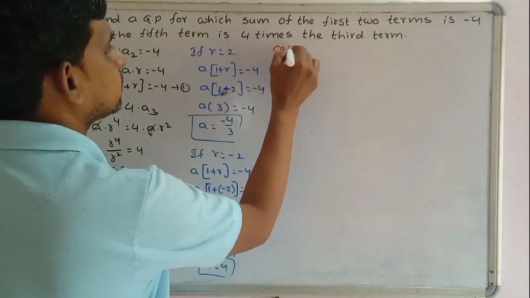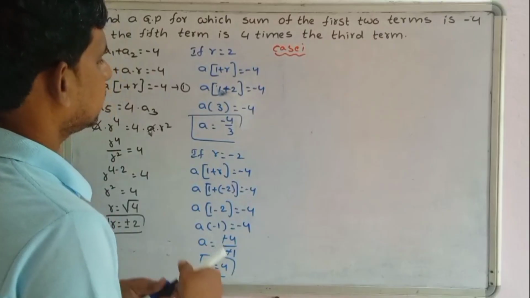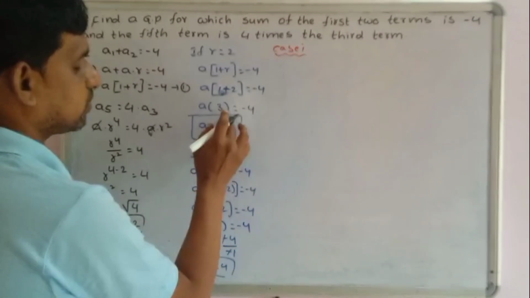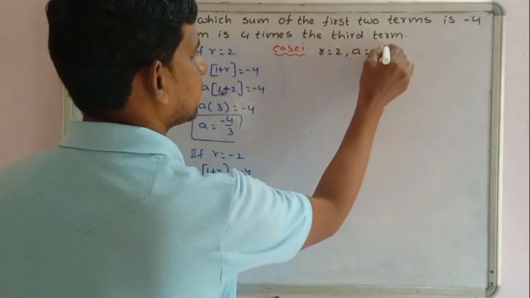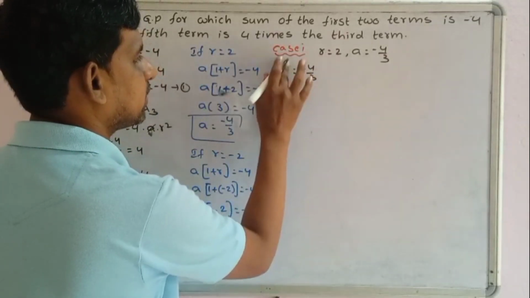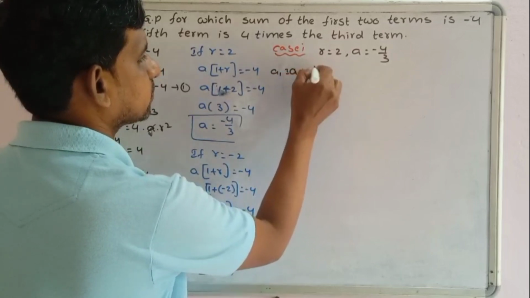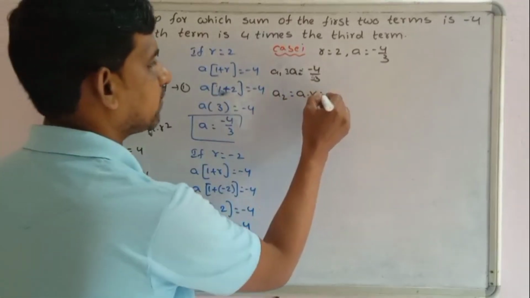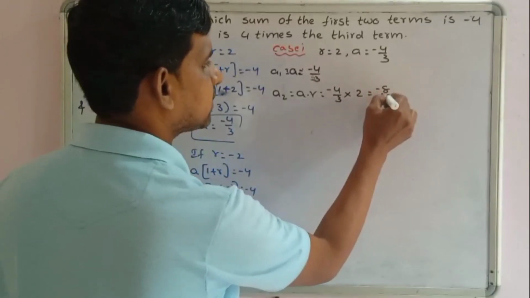See case 1: r equals 2, a equals minus 4 by 3. The first term a1 equals a equals minus 4 by 3. Second term a2 equals a times r, so minus 4 by 3 times 2, minus 8 by 3.